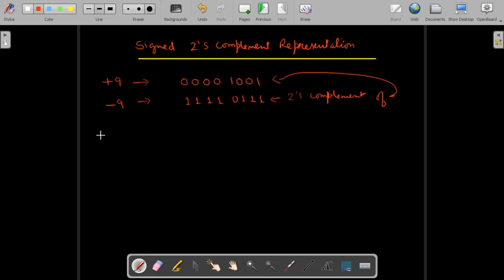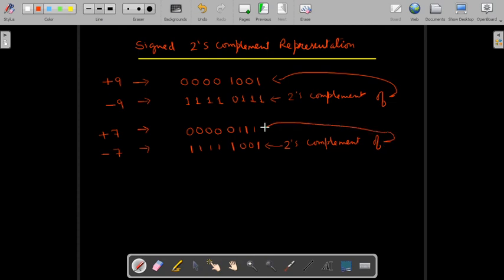Similarly, if we want to represent plus 7 here, then plus 7 is 00000111, whereas minus 7 is to be represented like this, that is 11111001, and this is again the 2's complement of this number. Okay, now this is about 8-bit representation.